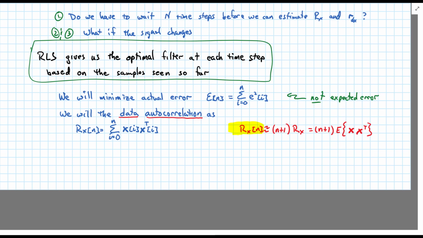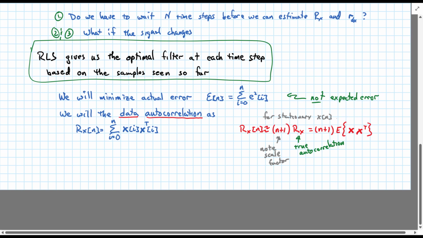So it's scaled differently, and it only approaches the true autocorrelation for a stationary sequence when n gets large. Okay, hopefully that's been enough warnings to put you on your guard.